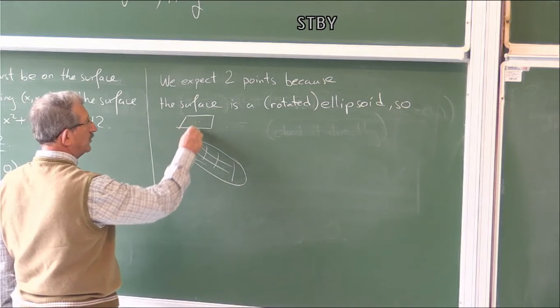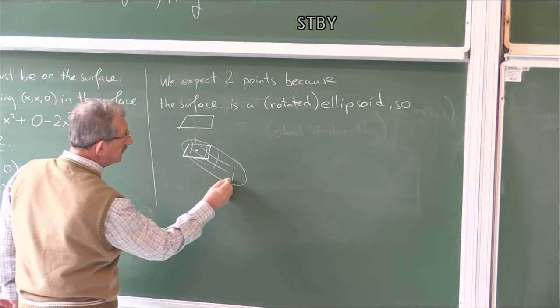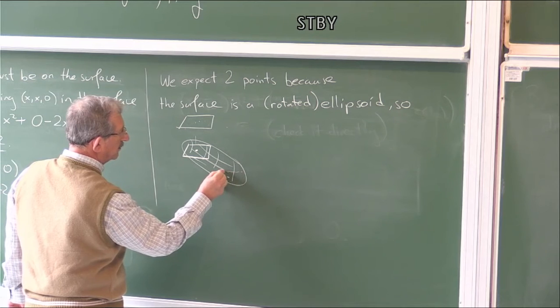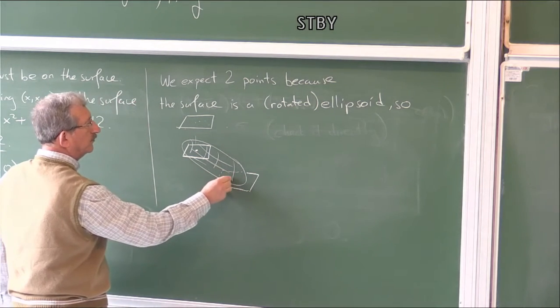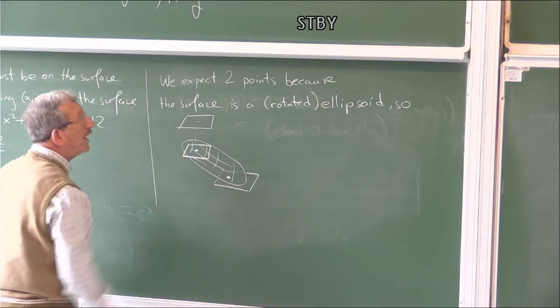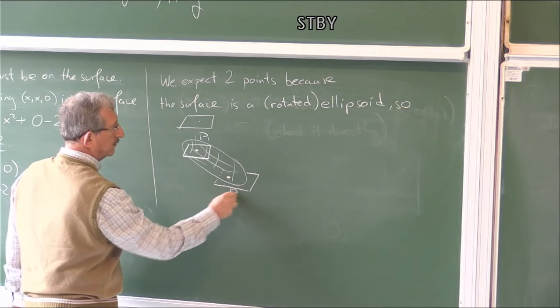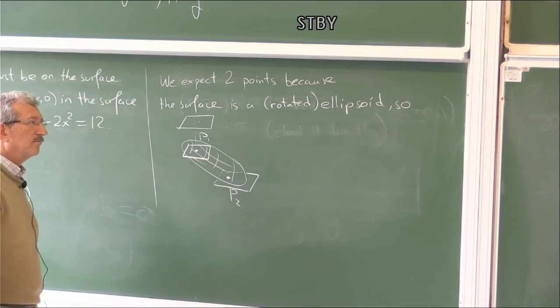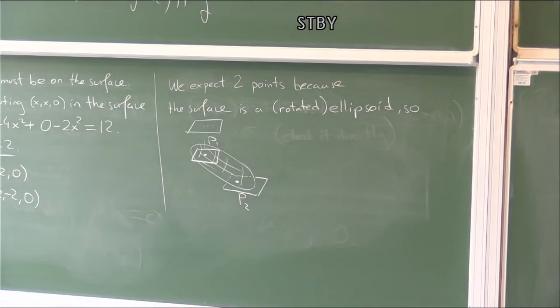Of course, you can check that maybe somewhere here you have a parallel tangent plane, and on the other side, somewhere here, you have likewise a tangent plane drawn at this point, and they are all parallel. So there are 2 points. In an ellipsoid, you have only 2 tangent planes at 2 different points in that sense.